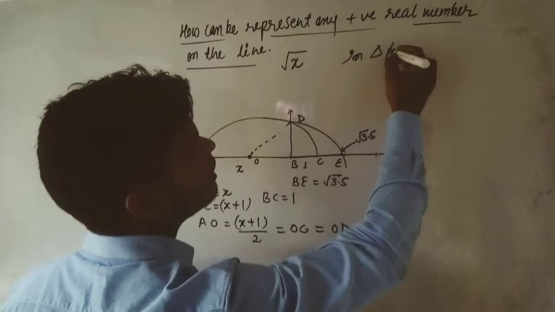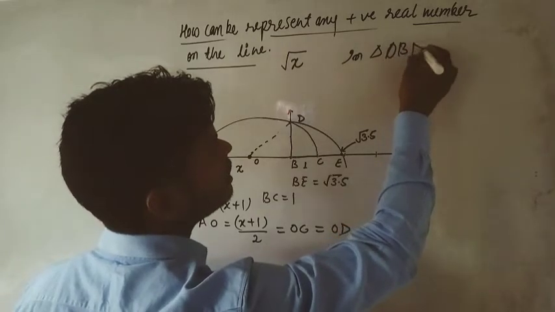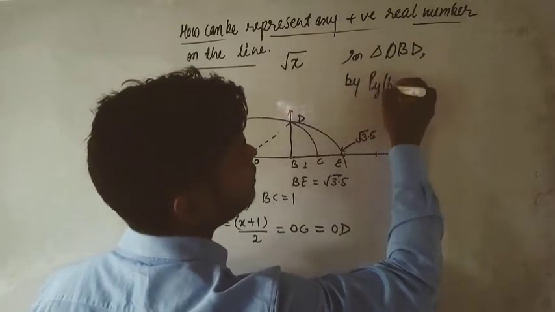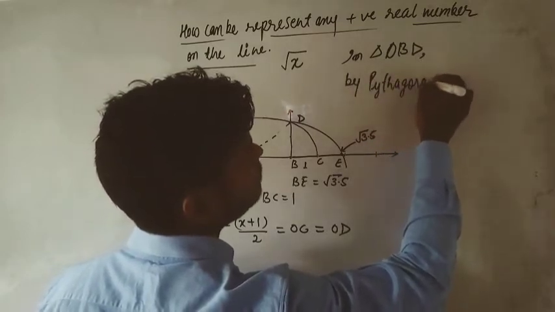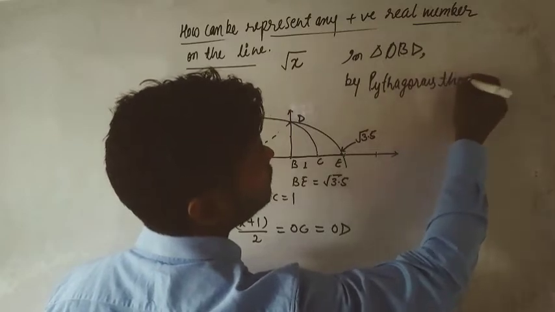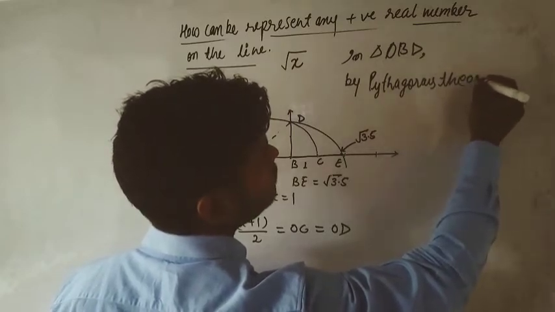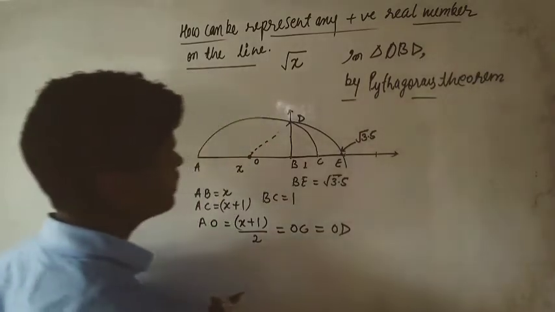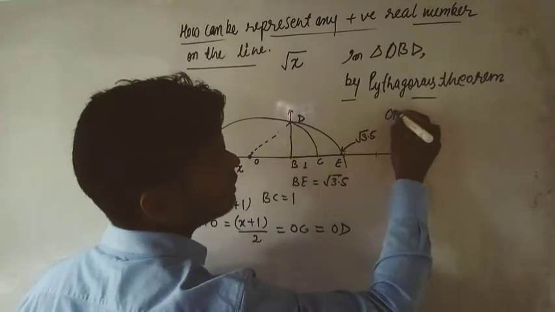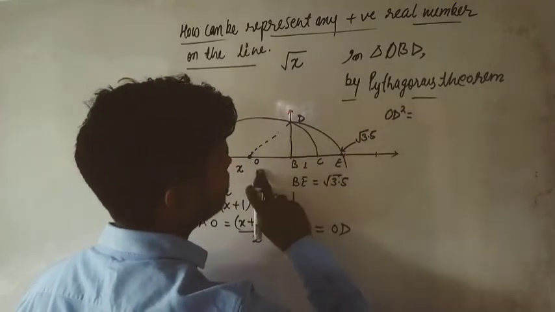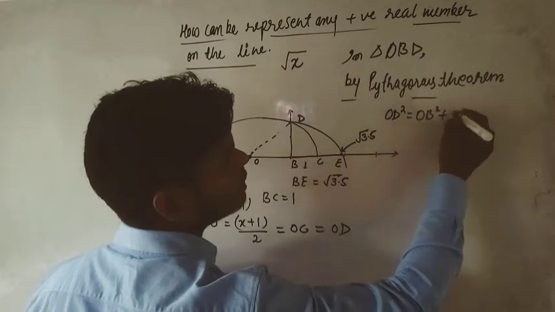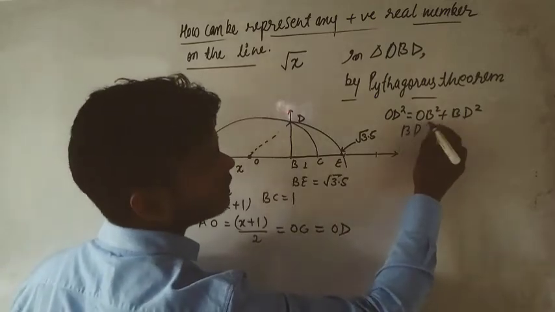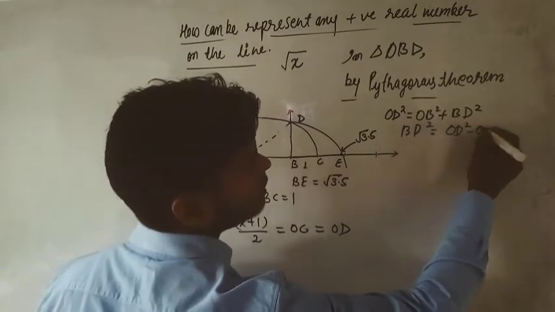In triangle OBD, by Pythagoras theorem, we know that OD square is equal to OB square plus BD square. We find the value of BD square is equal to OD square minus OB square.